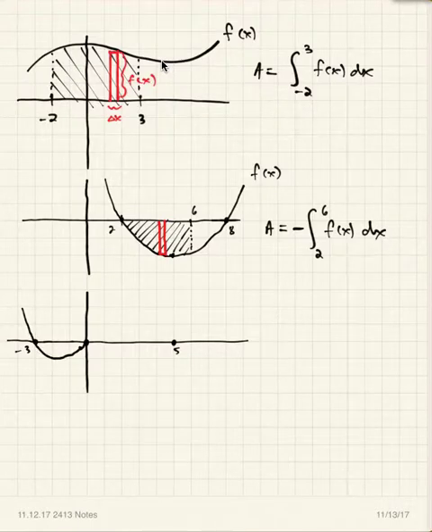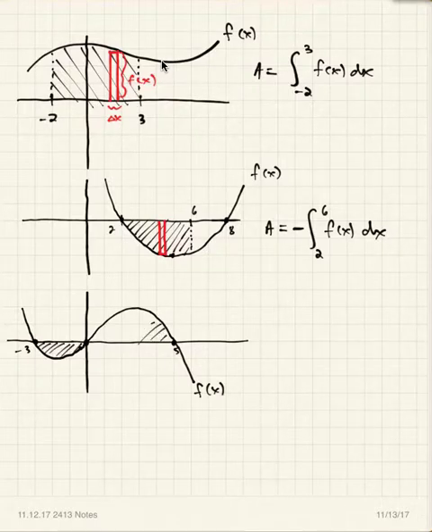It comes down below the x-axis, and then it shifts above the x-axis, and then comes down like this. This is our function f of x, that's our graph. And we are after the area of the shaded region. In this case, it comes in 2 pieces.